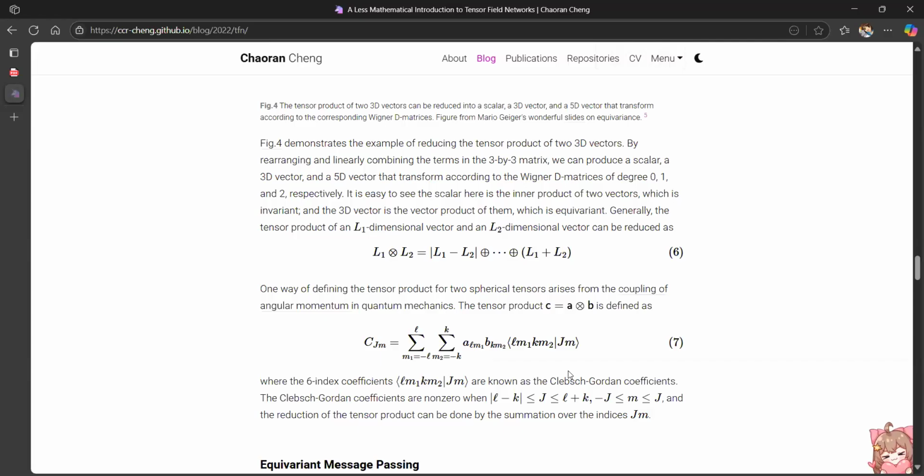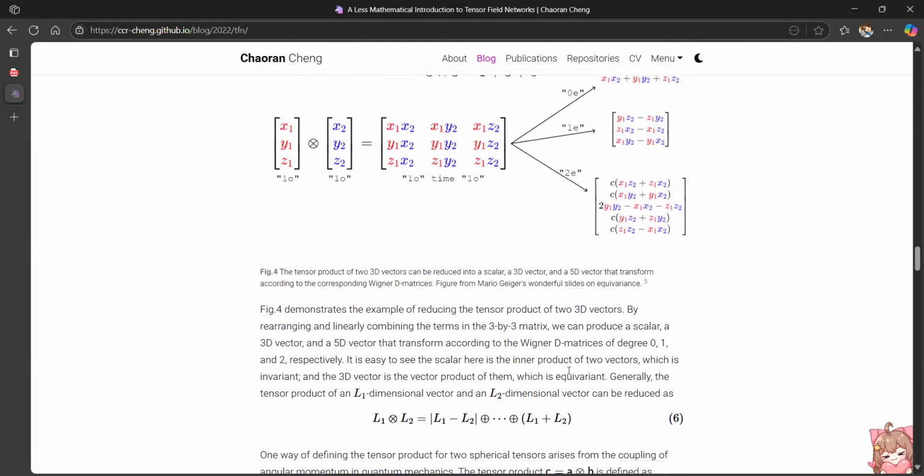And when you have two angular momentum, right? So how you can decompose your tensor product is that you can use tensor summation over a direct sum over smaller subspaces, right?